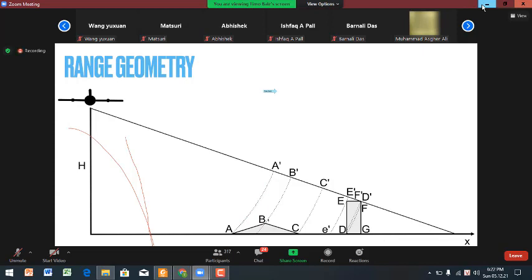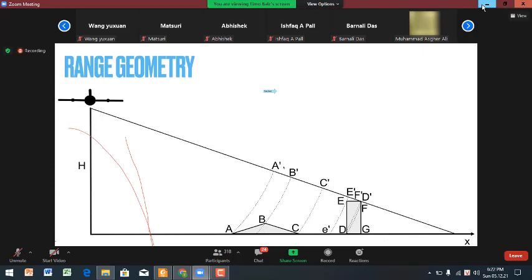If we go from point B to B dash, that would be mapped here. And you see the distance from A dash to B dash is much shorter than the actual distance from A to B on the ground.